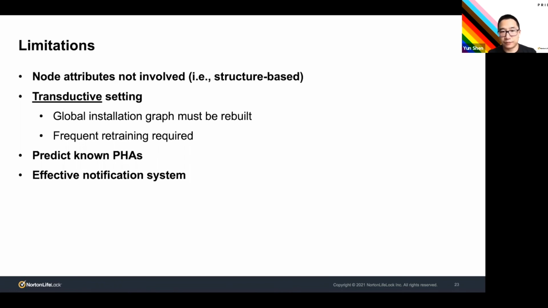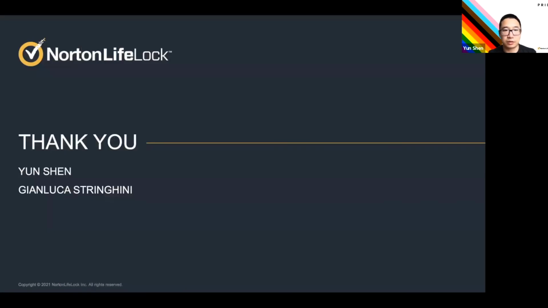The current notification bar is less effective, and on that front, we don't have a user study, so that will be the fourth limitation. And this concludes my presentation, and thank you for your time.